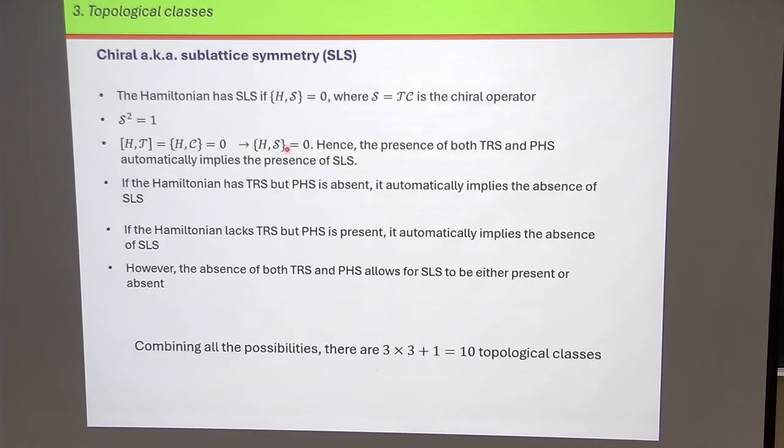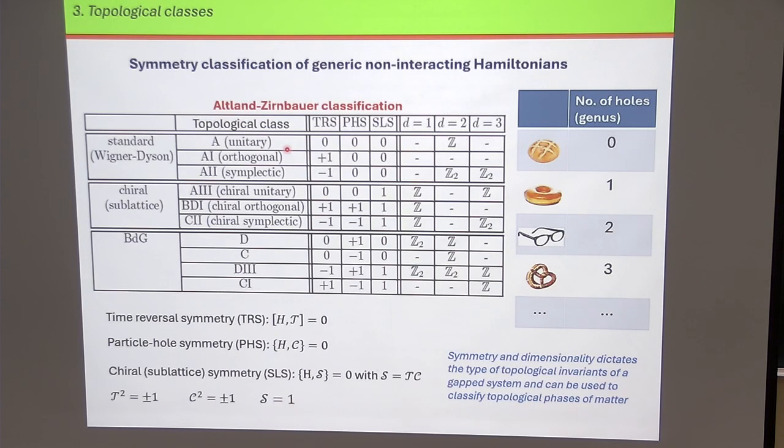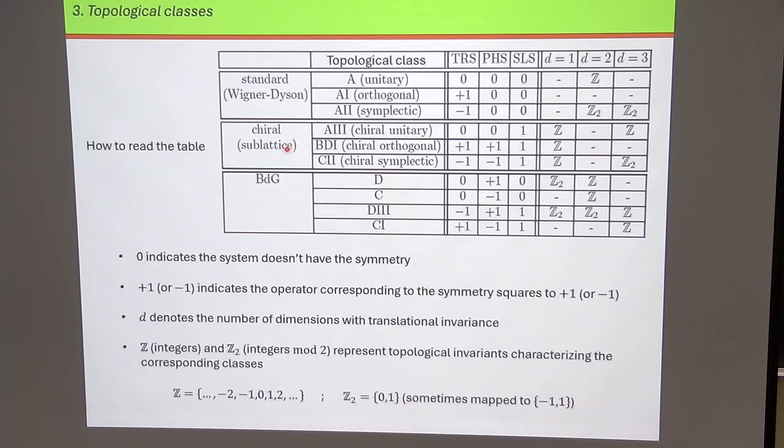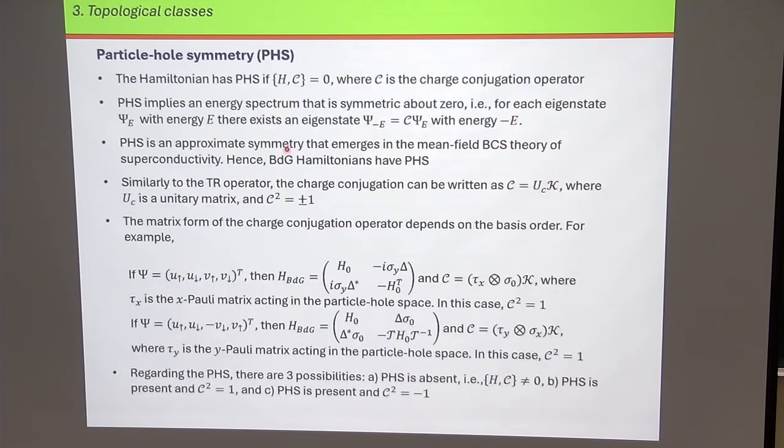If you have particle-hole and you don't have time reversal, you also don't have chiral. But it may happen that you don't have particle-hole or time reversal, but you still have chiral symmetry. So the combination of all of them gives you these 10 classes. Now we know how to classify this.